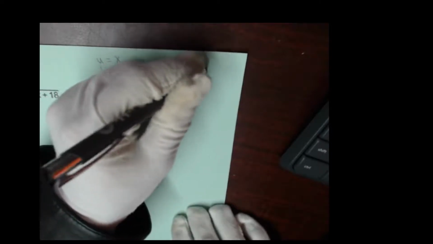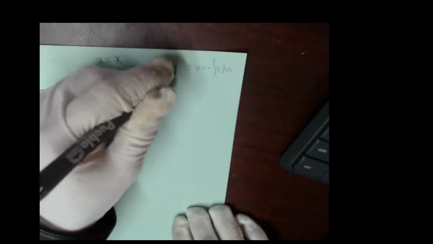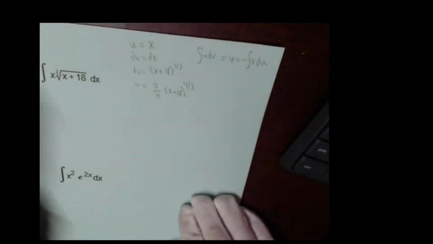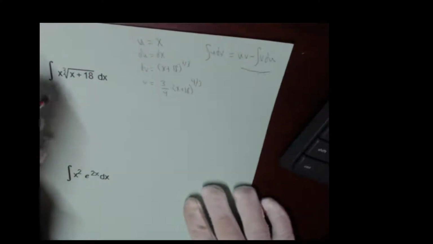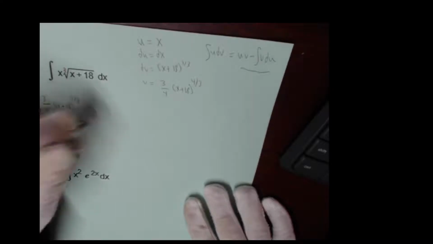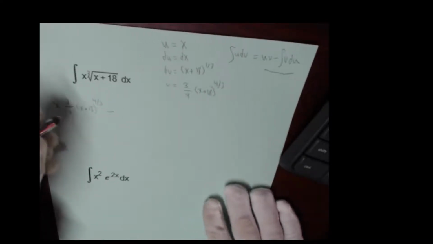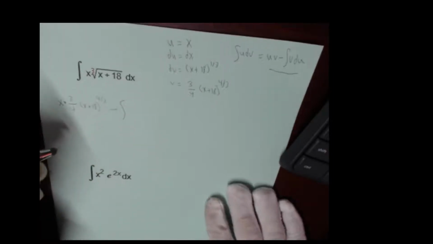All right, it is uv minus the integral of v du, and over here we have u dv. The only part we really need to worry about is this part on the right. So it's u, which was x, and v, which is 3/4 x plus 18 to the 4/3, minus, so that's uv, and our hope is that this integral is a little simpler.